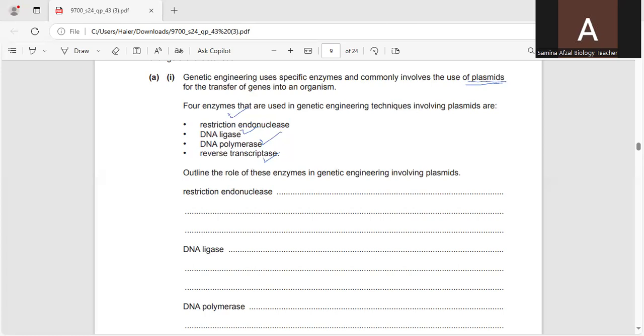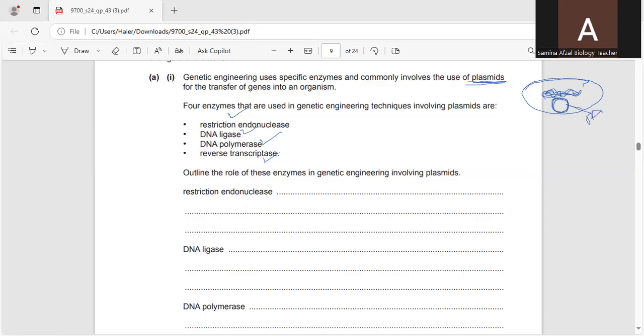And what are plasmids? Plasmids are circular DNA which are present in bacteria. Bacteria are prokaryotes because they don't have a proper nucleus, so DNA is embedded directly into the cytoplasm. Besides this, a specific type of circular DNA is there, which is called a plasmid.